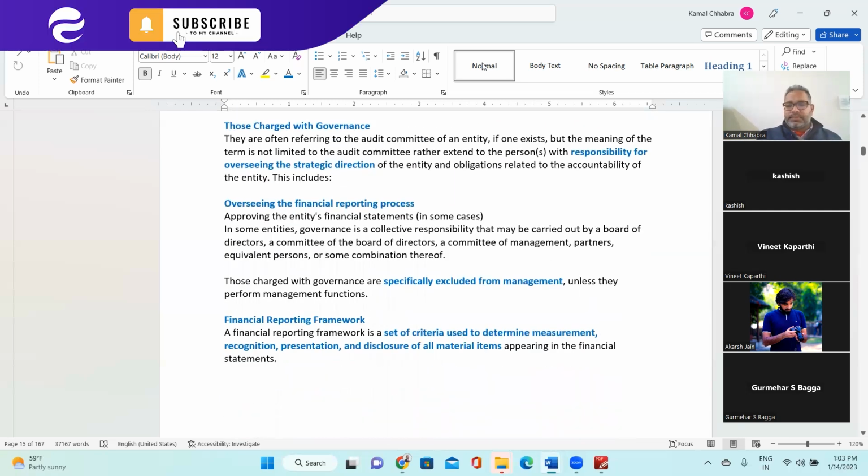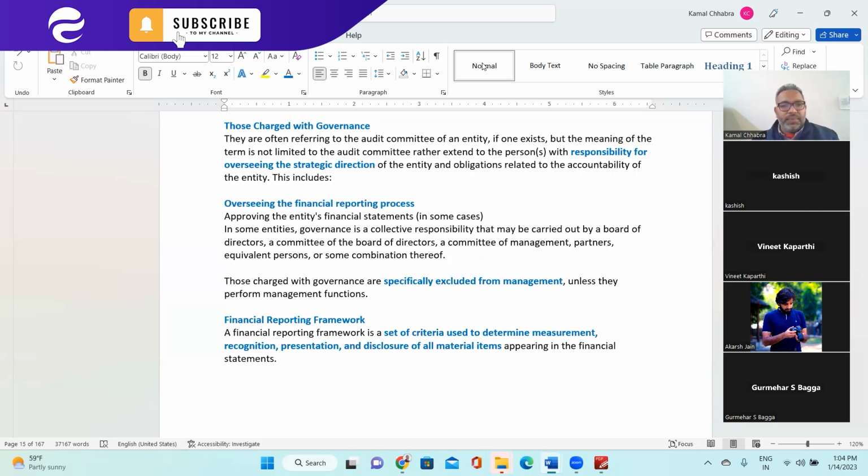Next term you will be often seeing is those charged with governance. Those charged with governance often refer to the audit committee for an issuer. In case of an issuer, those charged with governance are most of the time considered the audit committee, if one exists.